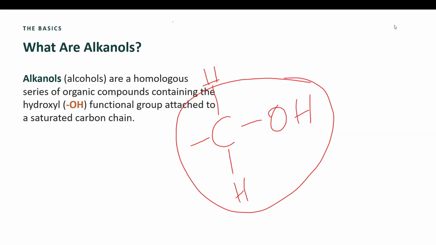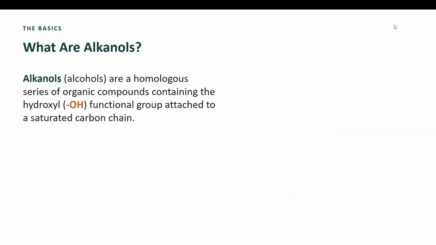Sorry about that. So we say the OH is the functional group of alkanols. Now, there's what we call general formula. If you have done homologous series, every family of organic compounds have their general formula. Are we together? And the general formula for alkanols is CnH2n+1OH.